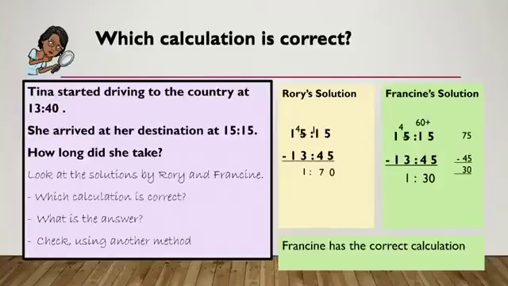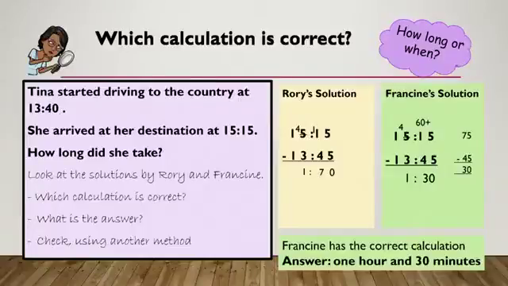Here's another part of the question. What is the answer? Let's read the question again. How long did she take? Right? So what is the answer? And can we check our answer using another method? The question is asking how long. So is the answer 1:30 a.m., 1:30 p.m., or is it 1 hour and 30 minutes?